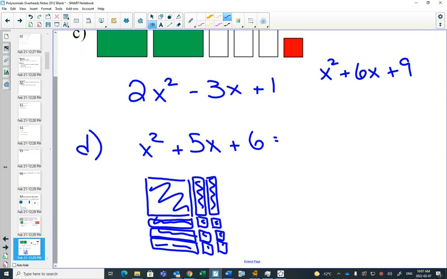Okay? The square one's connected to this one, right?